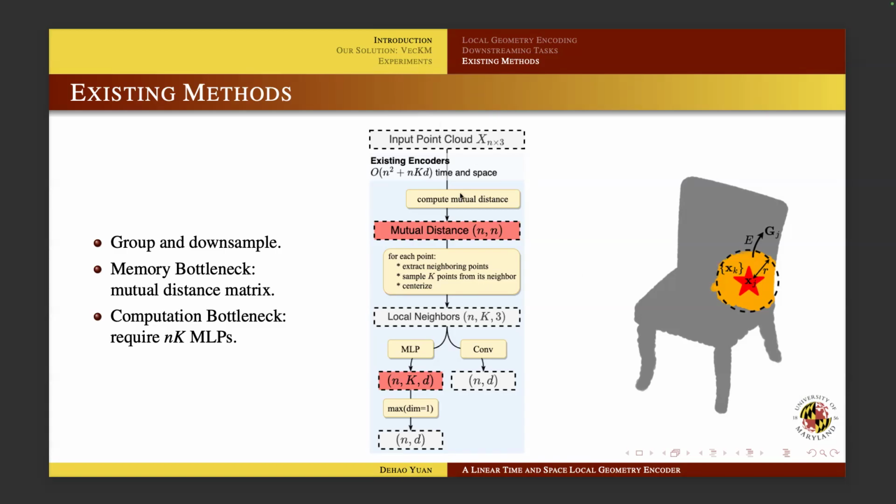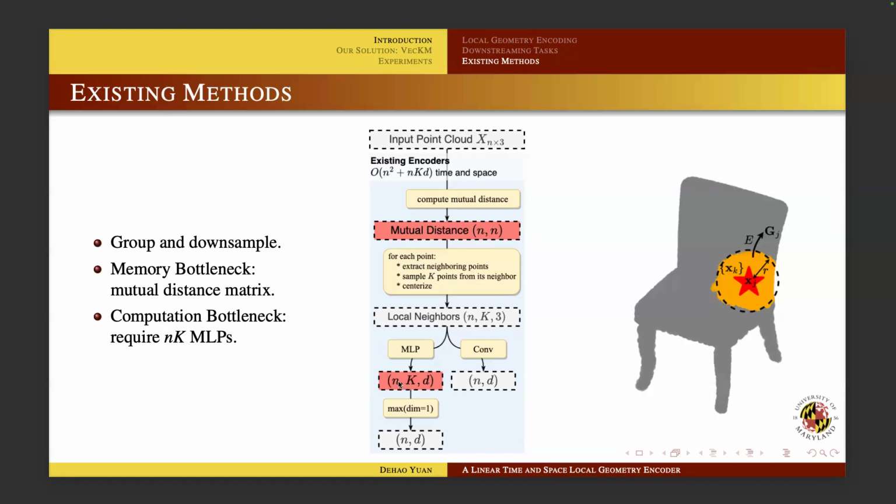Even though this method works, it has some bottlenecks. The memory bottleneck is very obvious because you need an n squared mutual distance matrix here. Suppose your n is 10,000. This already takes tens of gigabytes of memory.